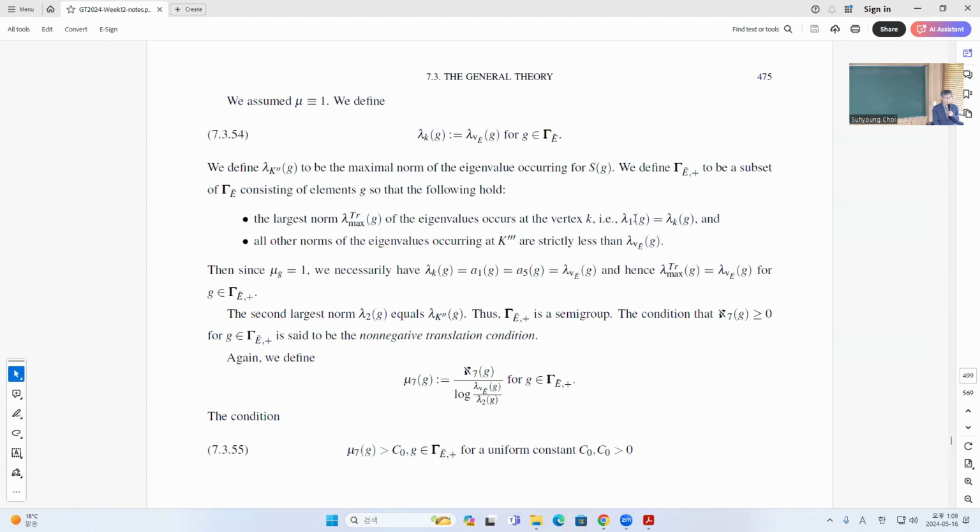So lambda 1g is actually lambda kg, and all the other eigenvalues occurring at lambda triple prime are strictly less than this number here.